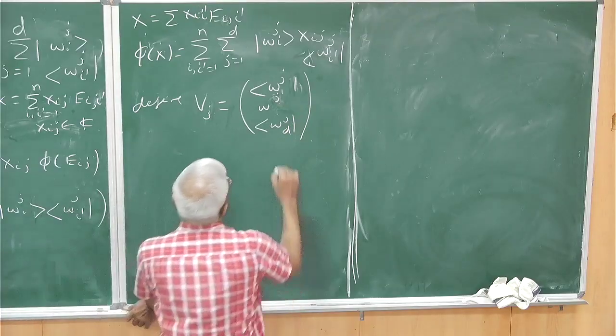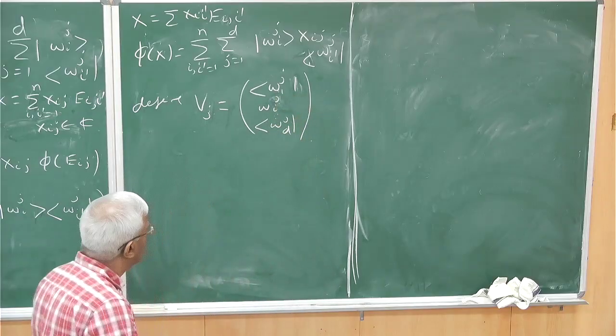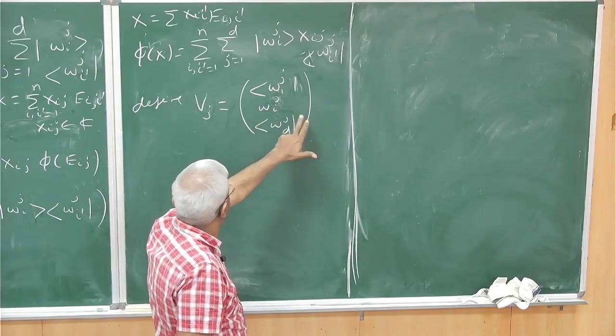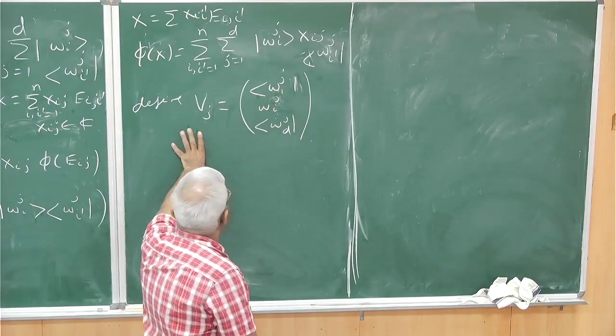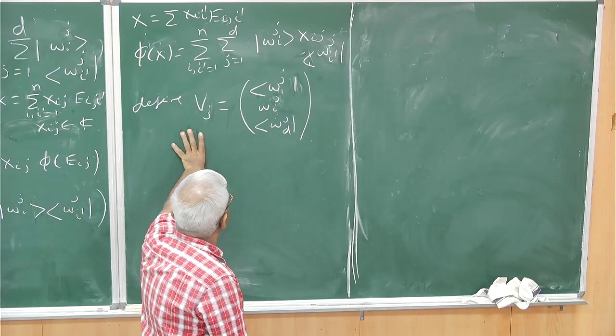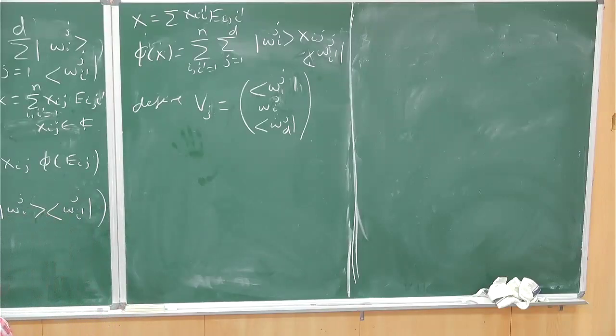I need n of them, right? Where did I write about omega j? V_j to be like this in omega j.